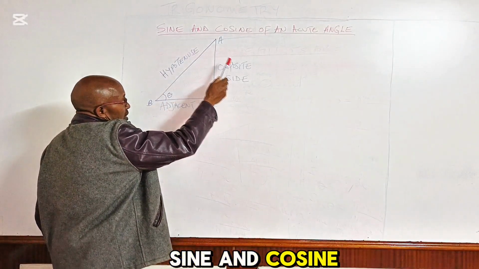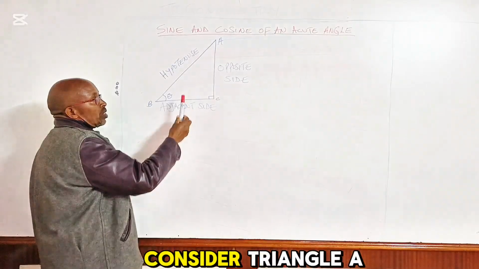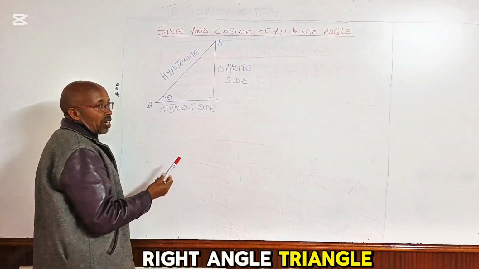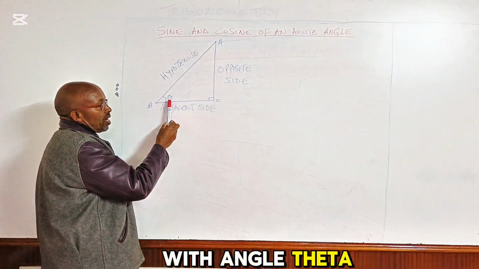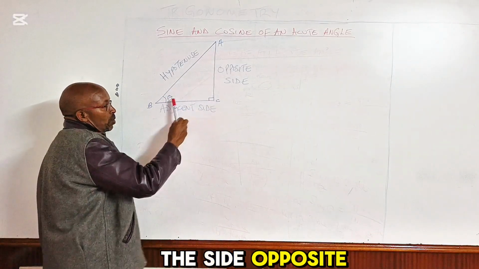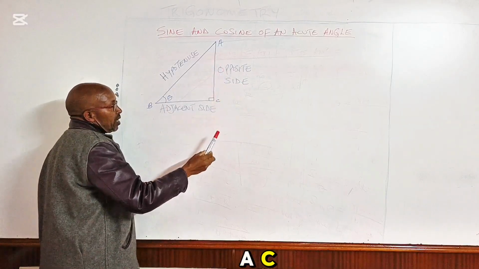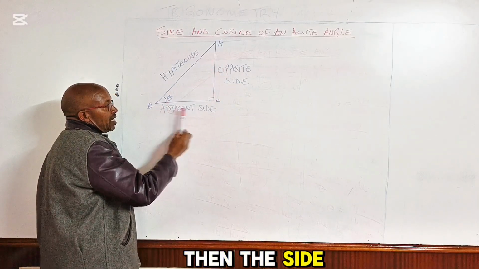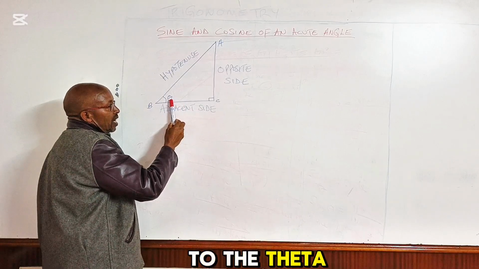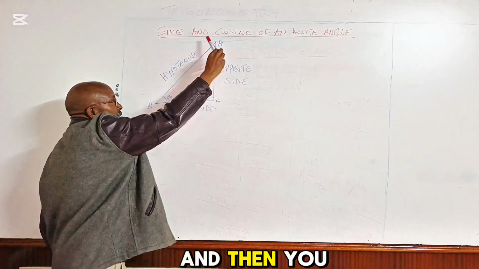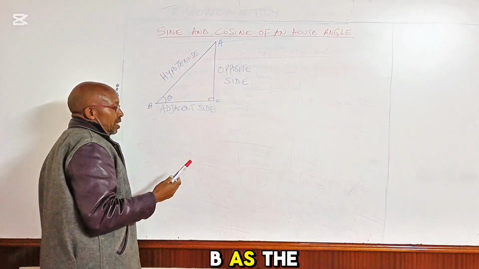Sine and cosine of an acute angle. Consider triangle ABC, which is a right angle triangle with angle theta at B. The side opposite the angle theta is the opposite side, AC, then the side that is adjacent to angle theta is called the adjacent side, and then you have the longest side AB as the hypotenuse.